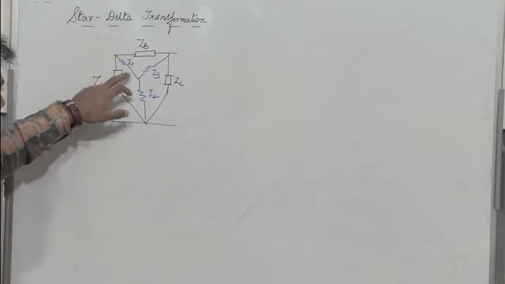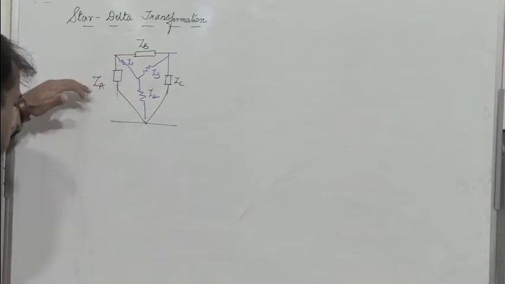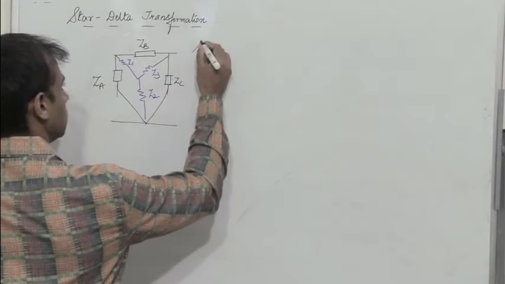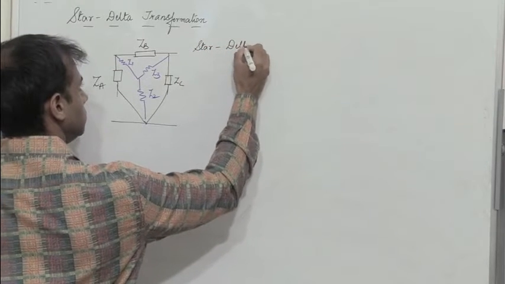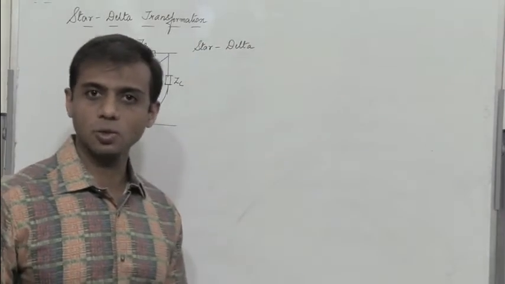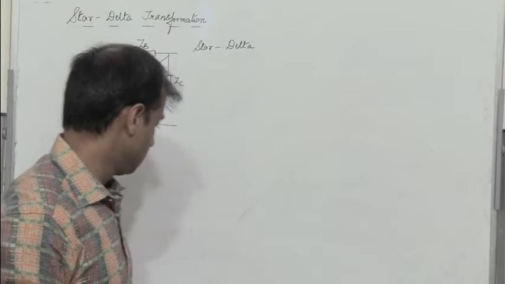So I have impedances Z1, Z2 and Z3 and we have ZA, ZB and ZC. So now how do we convert a star network to a delta network? I will not be going through the derivation of conversion of a star to delta. So let us write the final expression directly.